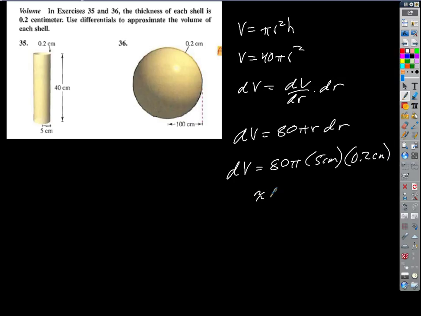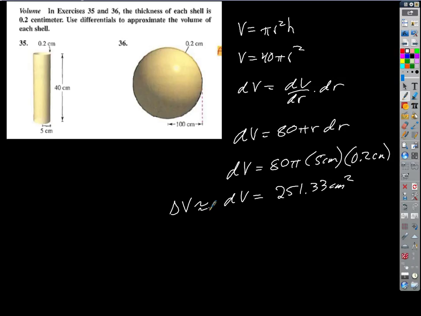And that gives us about, what was it again, 351.33? 251.33. So that's dV. dV exactly equals that, but delta V is approximated by that.